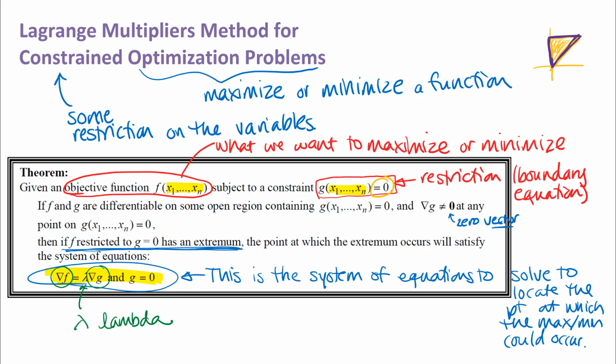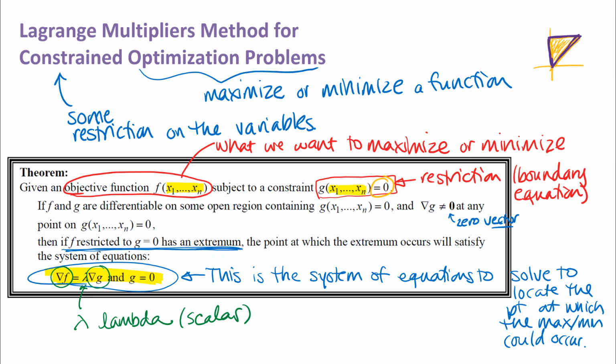So essentially the geometry of this is saying that these two gradient vectors have to be parallel to each other. One is a scalar multiple of the other. And in solving this system, we may or may not find what lambda actually is in this system of equations, but knowing about this geometry helps us to find the x1 through xn values that make this true.